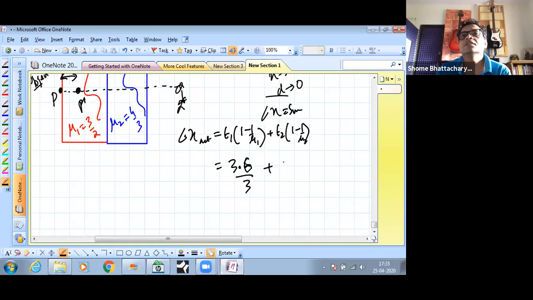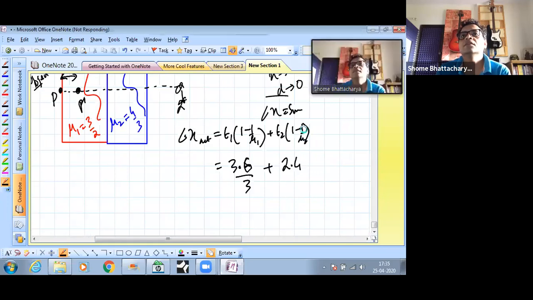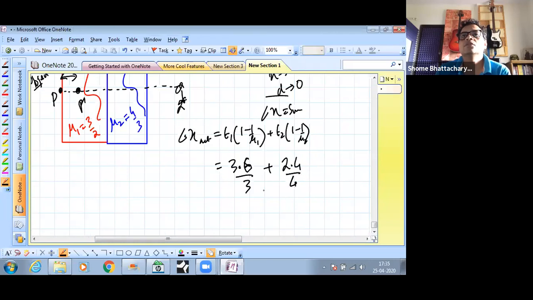This thickness we have taken as 2.4 centimeters, and refractive index 4/3, so this will become 1/4 of that when you substitute. So the total shift will be 1.2 plus 0.6, or 1.8 centimeters.